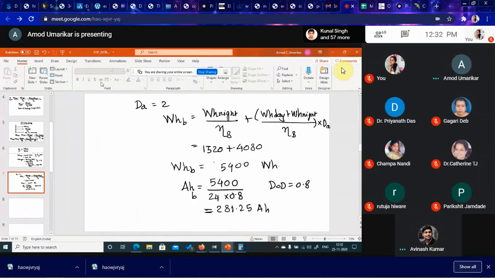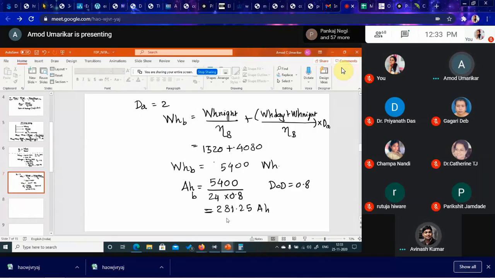Of course, a single battery just cannot be used. There is an array of batteries we have to use in parallel and series to achieve this ampere hour. I think 3 batteries of 100 Ah are required. Sir, it's not a common battery, so we have to consider 300 Ah.